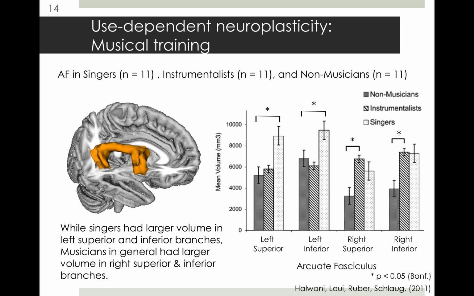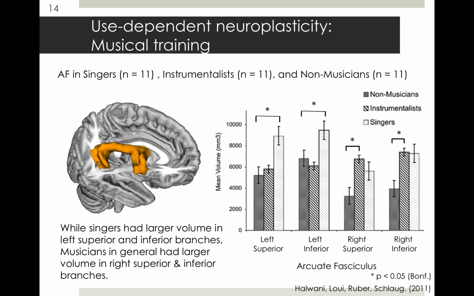And so this is just a one-shot cross-sectional study where we recruited people with different types of training. You could also say, well, maybe there's a nature-nurture problem there. Maybe people who started out with a bigger arcuate fasciculus then self-selected to receive musical training. But another group has now replicated this in a longitudinal study where they brought people into their lab and gave them essentially Guitar Hero.